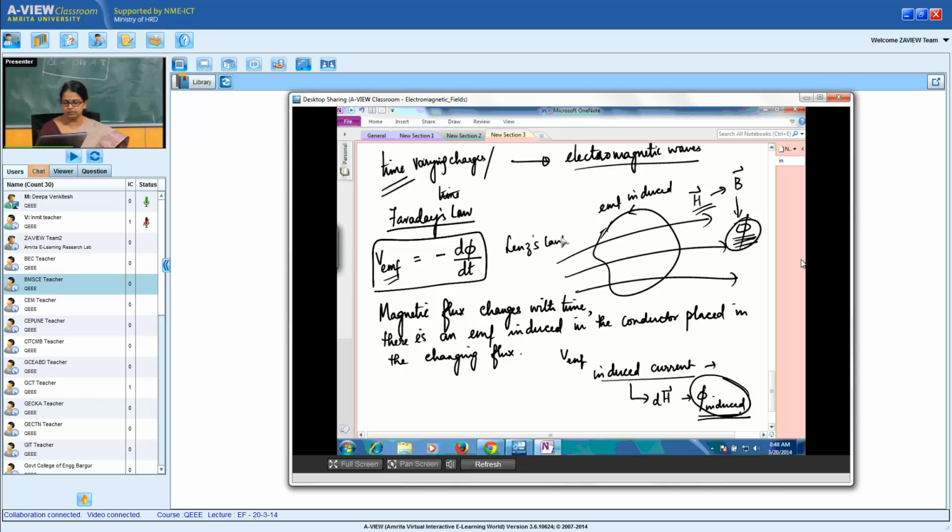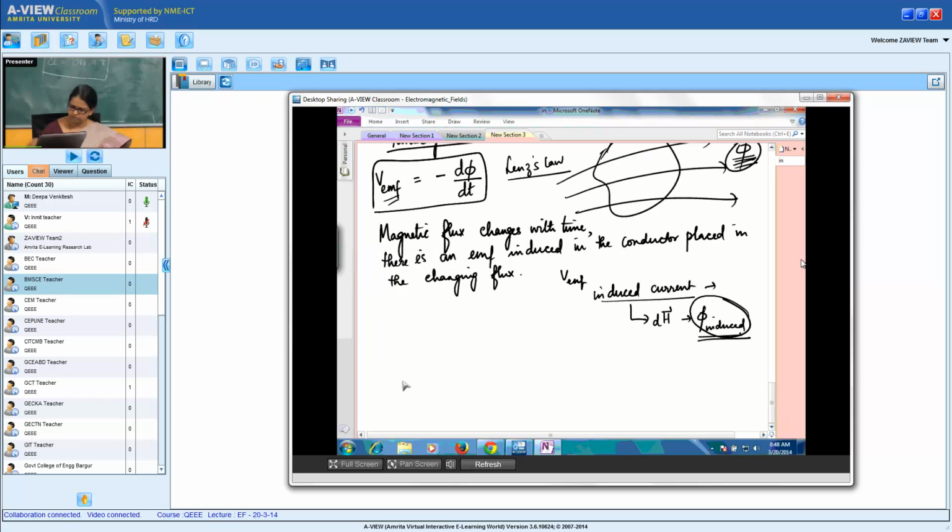The negative sign was given by Lenz. Otherwise, it will become cumulative, the magnetic flux will keep on increasing. So, you can't maintain conservation. Now, I am just going to restate this. I am going to write down what is flux, which is B dot ds.